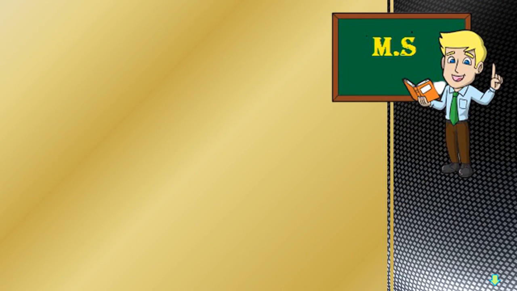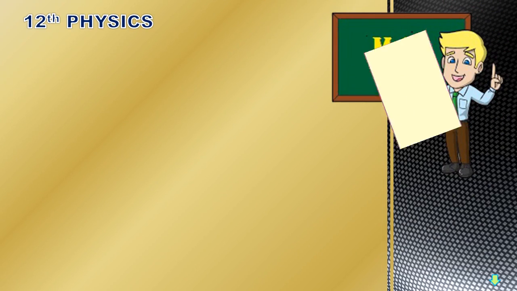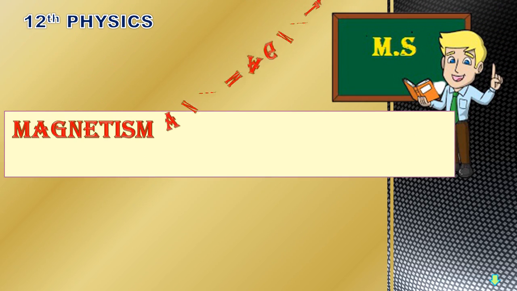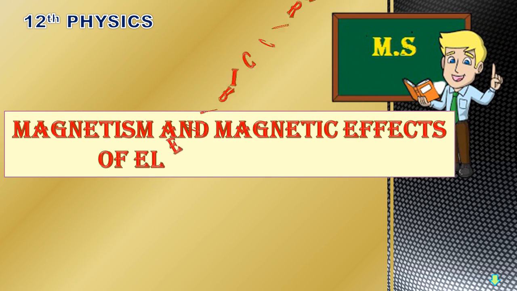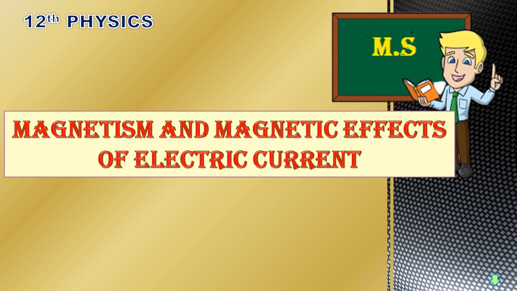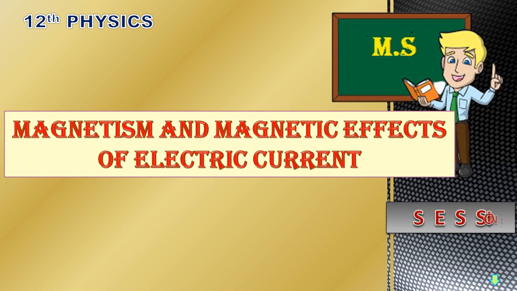Hello students, today in our 12th standard physics class, this is our unit 3, magnetism and magnetic effects of electric current, and this is going to be our session number 17, the last session of this lesson.